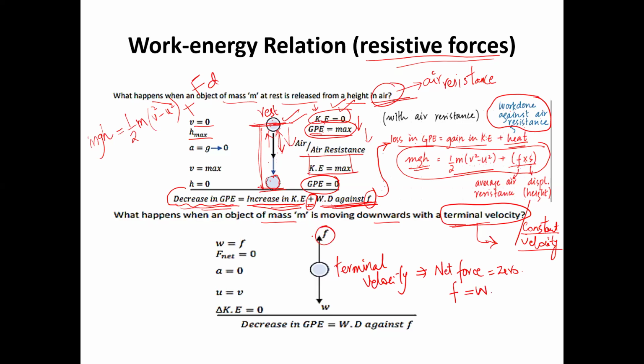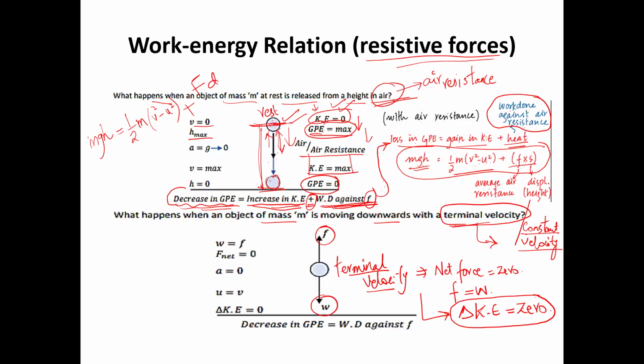So this upward force F is equal to the downward force W. So when both of them are balanced out, whenever you have terminal velocity, remember, at constant velocity the change in kinetic energy will be considered as zero. This is a very important point. Change in kinetic energy will be considered as zero whenever we have a terminal velocity.